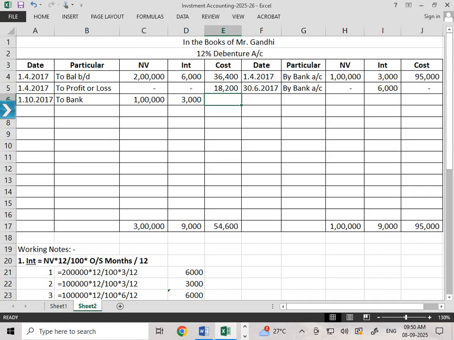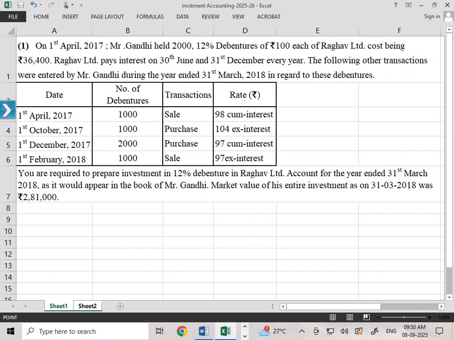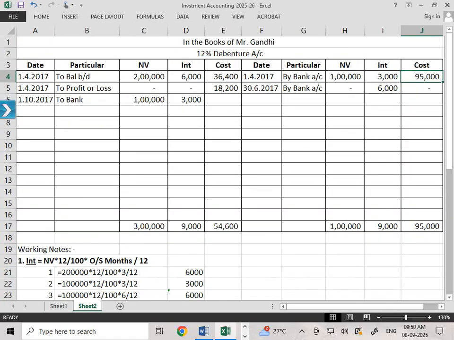Now here, pay attention, when calculating cost, don't deduct interest. We have deducted interest over here because it is a cum interest price. 98 rupees is what? Cum interest price. If you look here, 98 rupees is a cum interest price, right? But here, how many debentures? 1000 debentures.